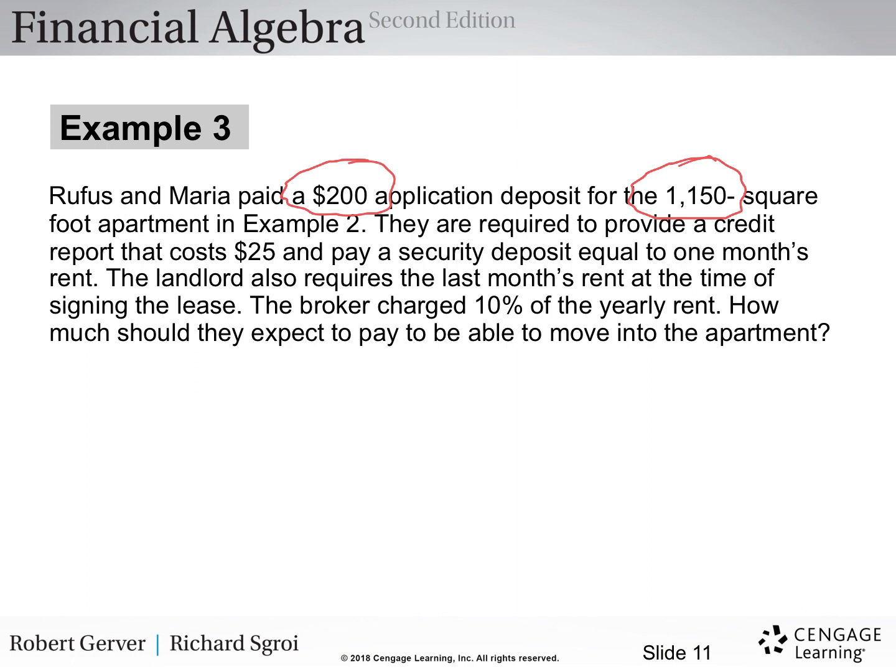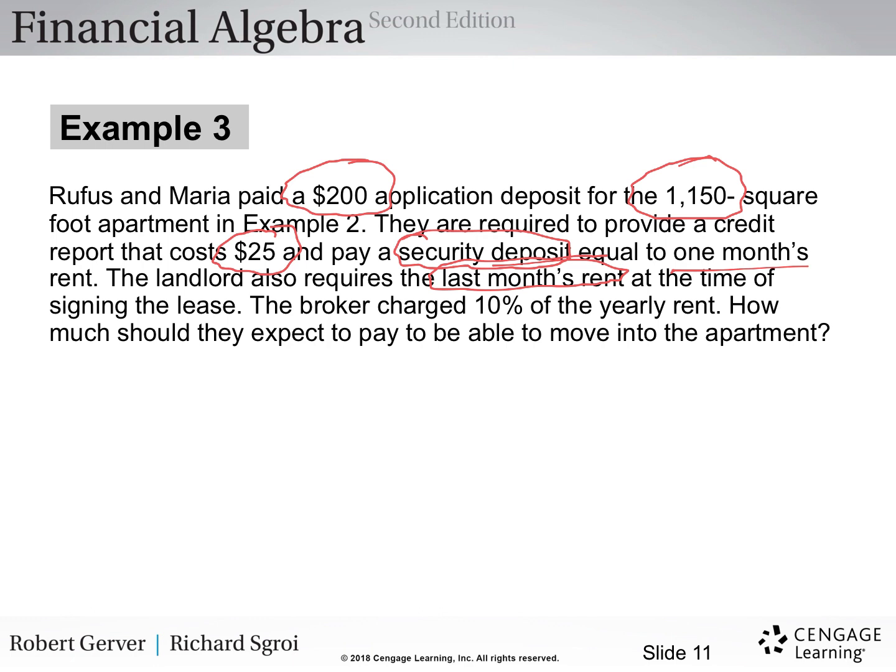In addition, they are required to provide a credit report that costs $25, and pay a security deposit equal to 1 month's rent. The landlord also requires the last month's rent at the same time as signing the lease.